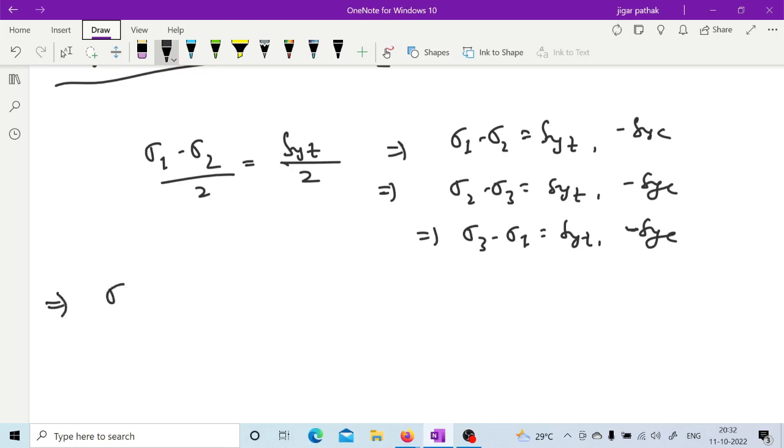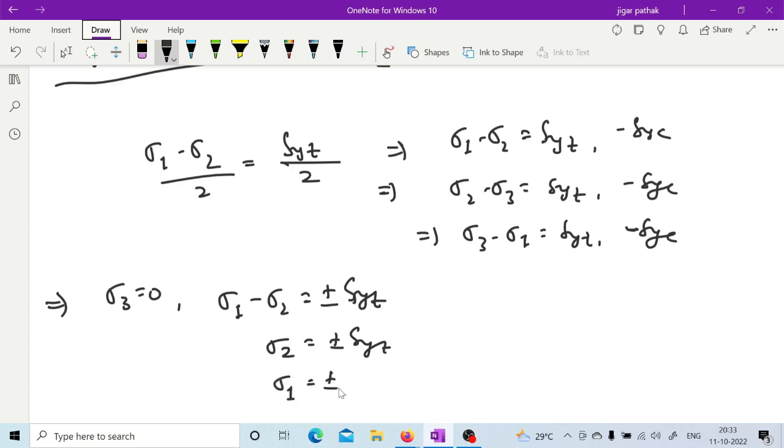If you go for biaxial state of stress and you make sigma 3 equal to 0, then what you can write is sigma 1 minus sigma 2 is equal to plus or minus SYT. If we are considering this tension only, then sigma 2 is equal to plus or minus SYT, and sigma 1 is equal to plus or minus SYT.